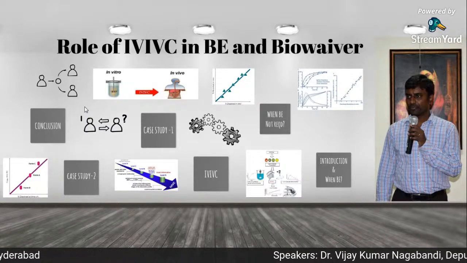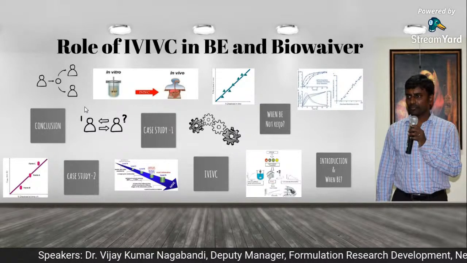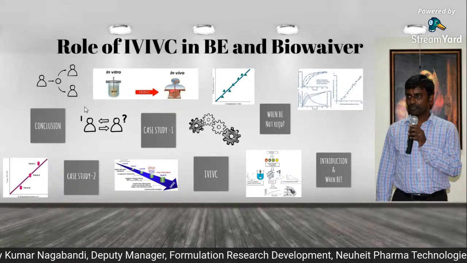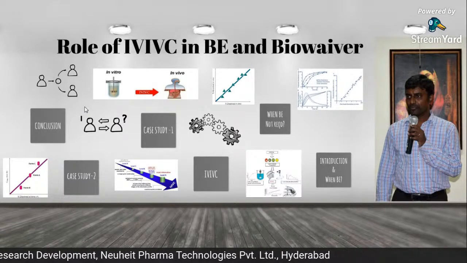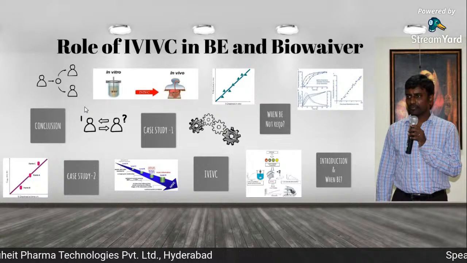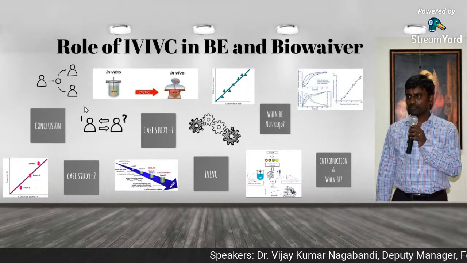But in the first slide I showed several categories: narrow therapeutic window drugs, drugs absorbed through the GIT, drugs absorbed through other sites of administration, and highly variable drugs. In those cases, in vivo bioequivalence testing is mandatory.